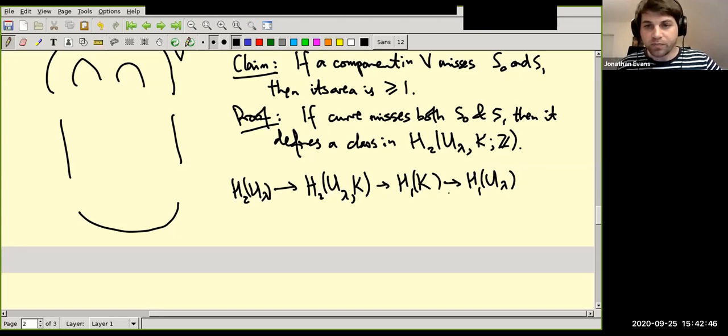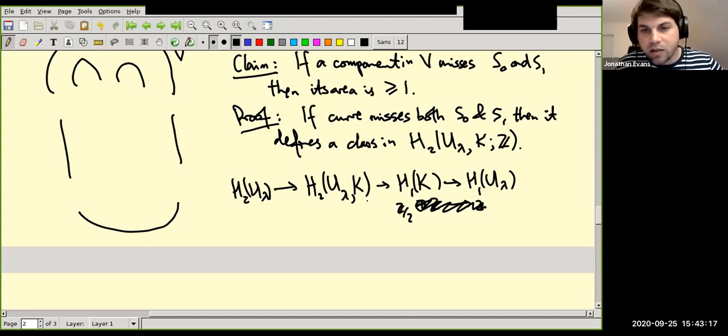This map we're assuming is an isomorphism, so this is where that assumption comes in. Maybe you'd forgotten about it. It's an isomorphism, so the exact sequence splits like this, and well, sorry, that's not quite true, is it? So we have to be careful about coefficients. It's an isomorphism rationally. This homology group is Z mod 2 plus Z. So what I'm saying is the Z maps isomorphically onto the Z over here. So we can ignore that.